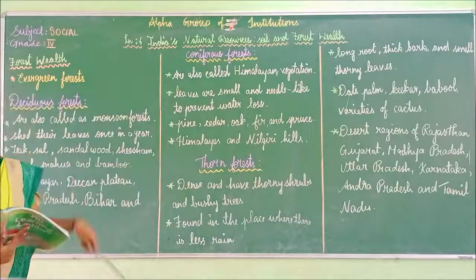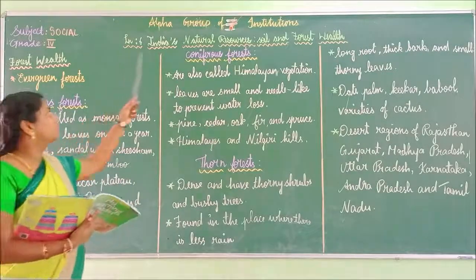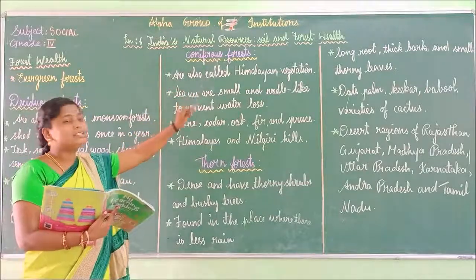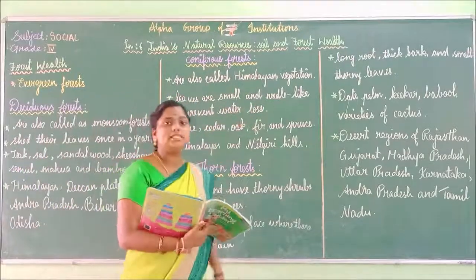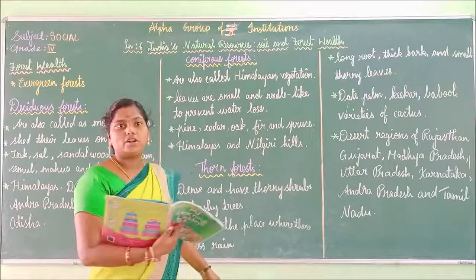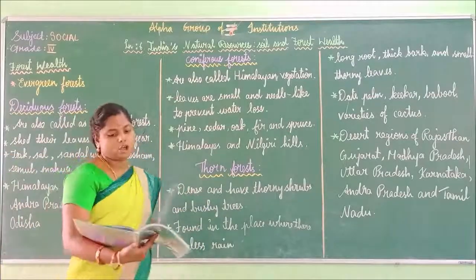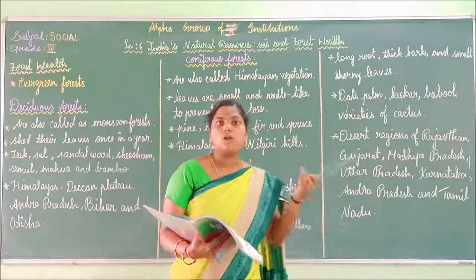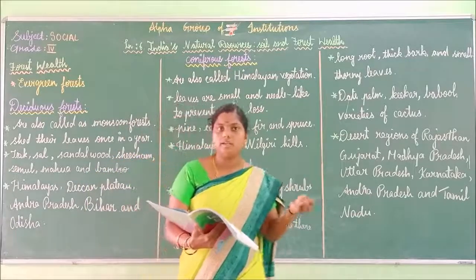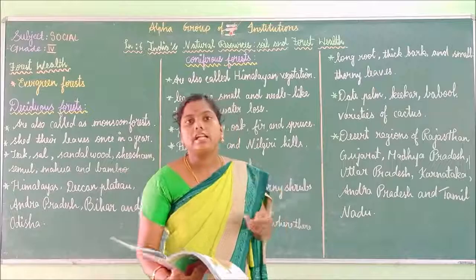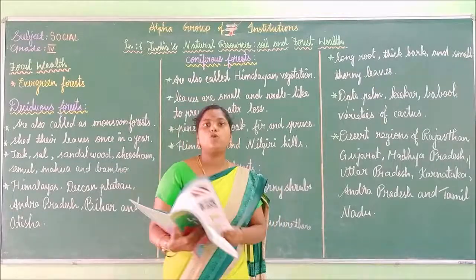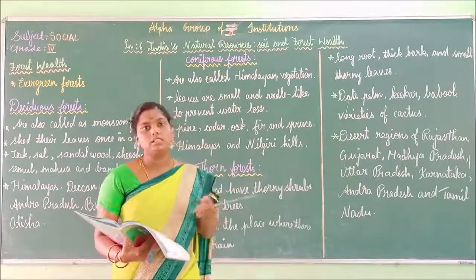So today we are going to continue lesson number 6, India's natural resources, soil and forest wealth. In the previous class we learned what soil is. The types of soil: alluvial soil, black soil, red soil, laterite soil, mountain soil and sandy soil.